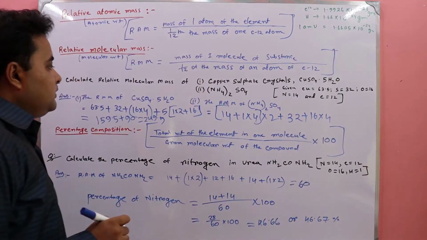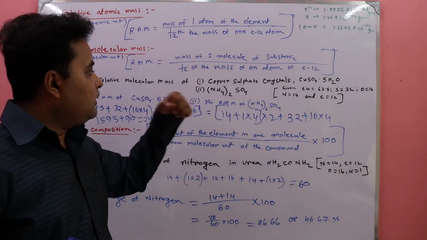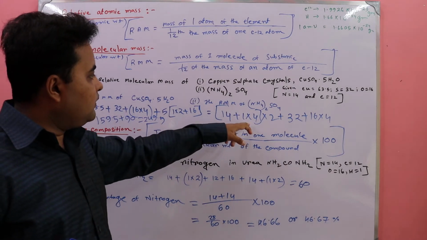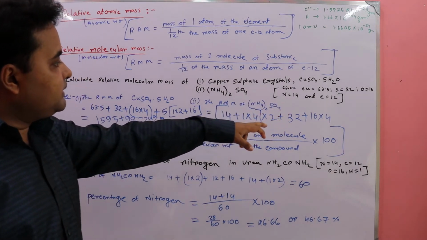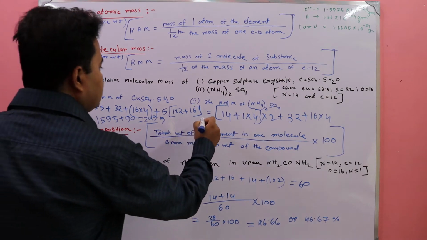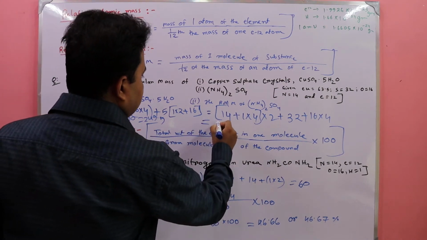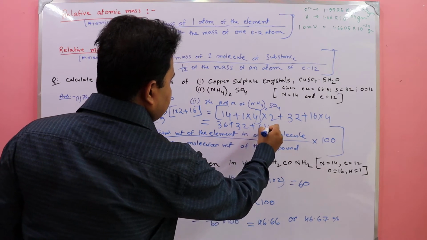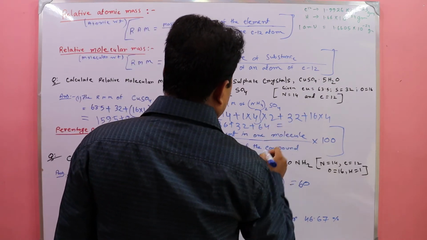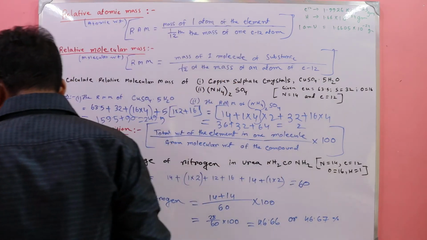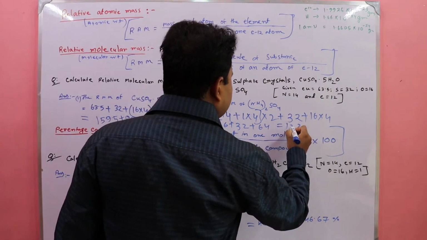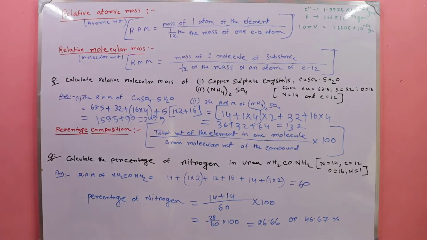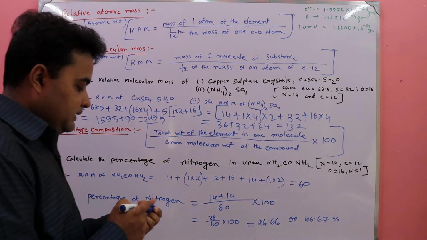So this is 14 and H means 1 into 4, plus 32 plus 16 into 4, it will become 36 plus 32 plus 64, that means 132. Clear?